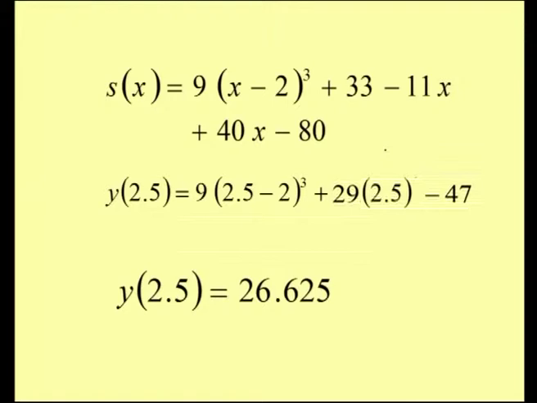So, this is our s of x. It can be simplified further as 9 into (x minus 2) whole cube plus 29x minus 47, also represented as y of x.